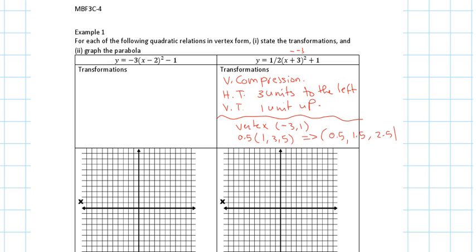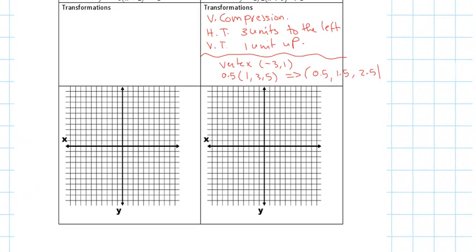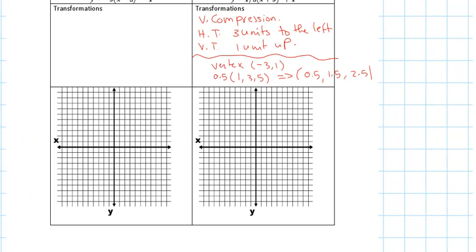Which means that you're going to use your vertex, and then you're going to go up 0.5 over 1, up 1.5 over 1, up 2.5 over 1. So you have to be careful that now you're not going a full number up, you're going half in this case. So you multiply the A value by the step pattern, which is 1, 3, 5.